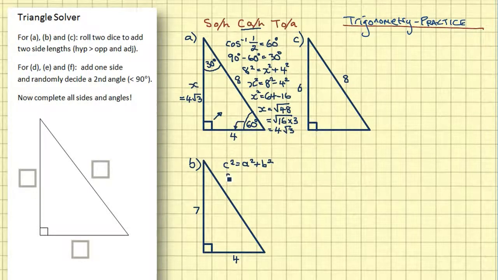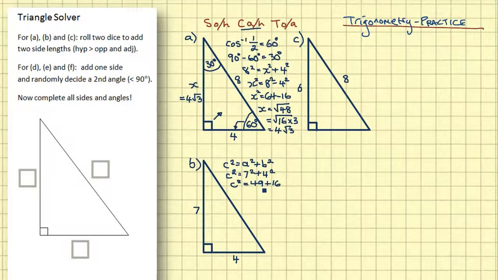So c squared, if the hypotenuse is c, let's say 7 squared plus 4 squared. Well, 7 squared is 49 and 4 squared is 16, so c squared equals 49 plus 16.